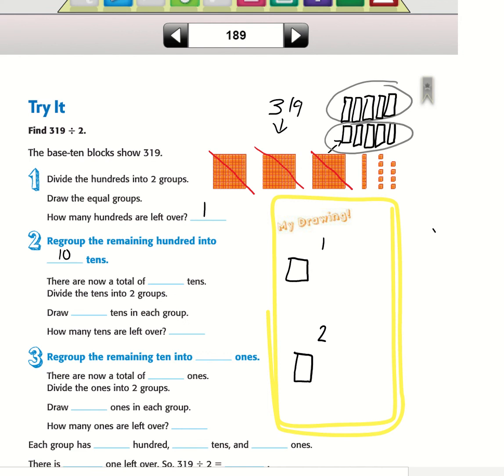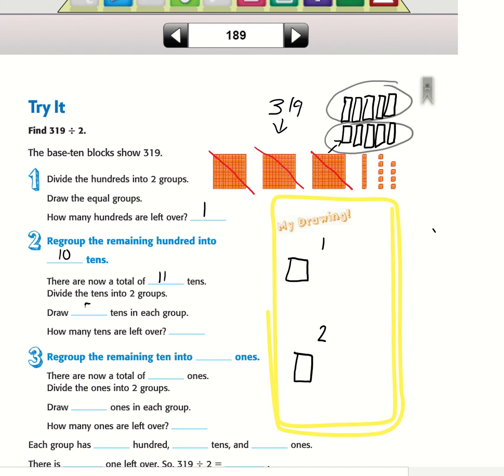But it says there are a total of, so we have 10 tens here, and we still have the 1 ten down below, so we have a total of 11 tens. Divide the tens into two groups.